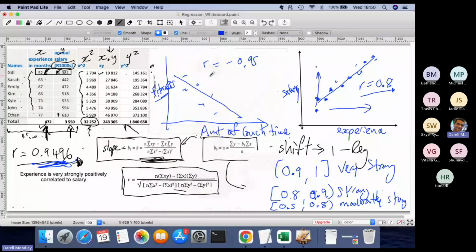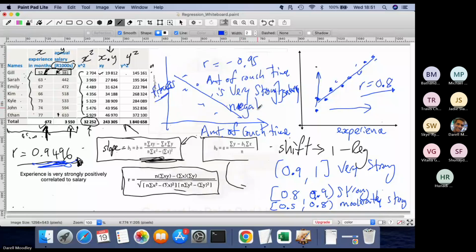You would say amount of couch time is very strongly negatively correlated to fitness. I think you get the idea. Does everyone understand that example?